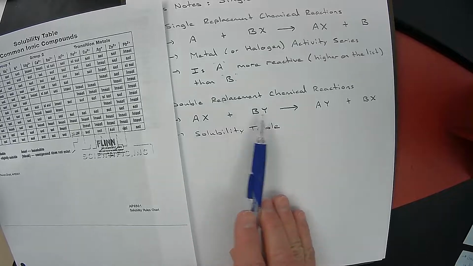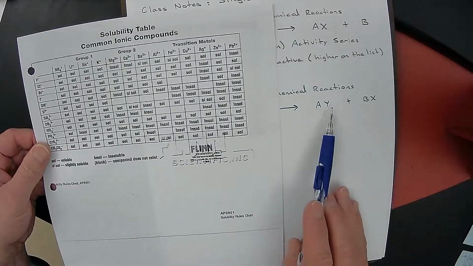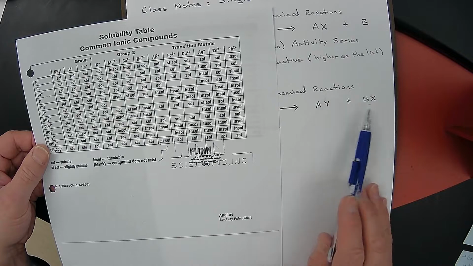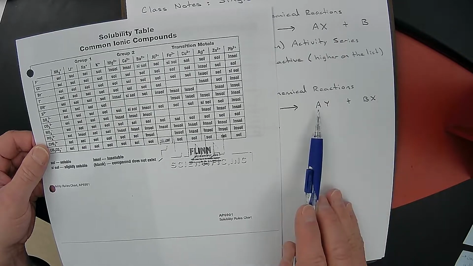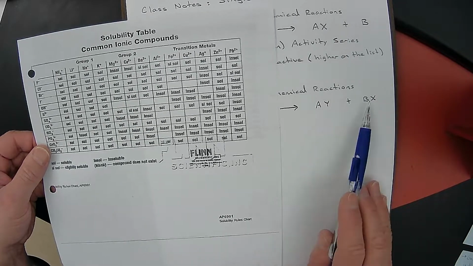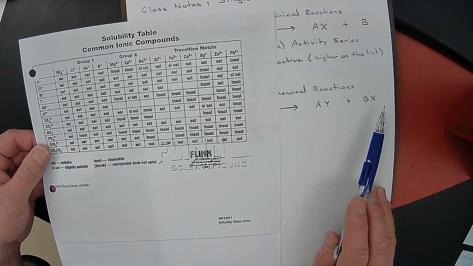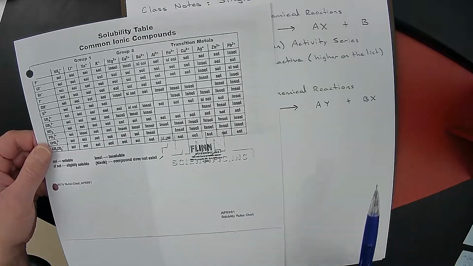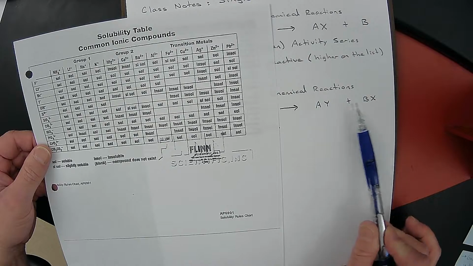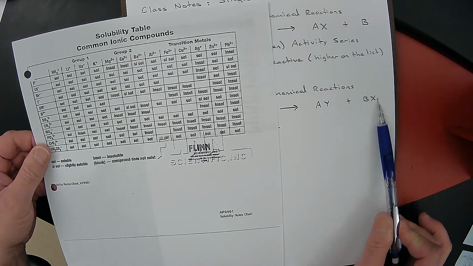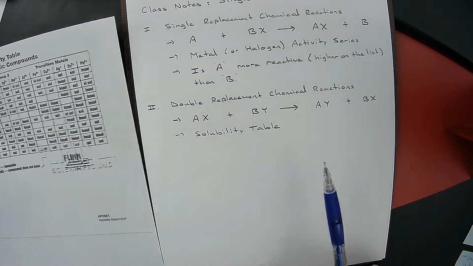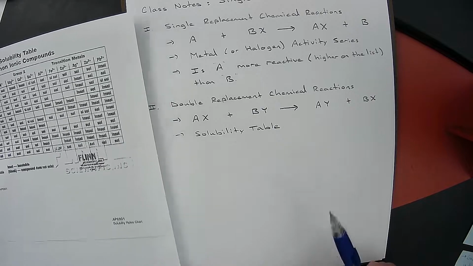What we're going to be looking for in double replacement reactions is one of the products, either AY or BX, to be insoluble. If either one of these products is insoluble, that means the reaction will take place.